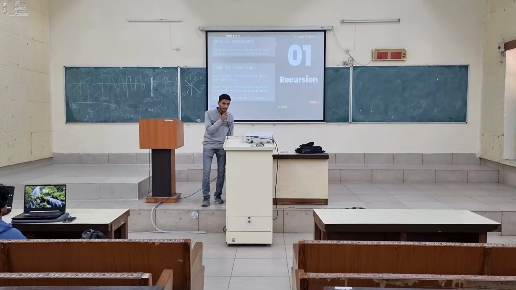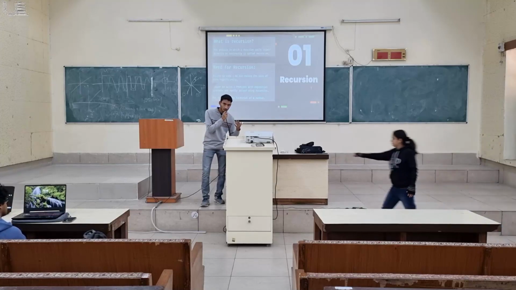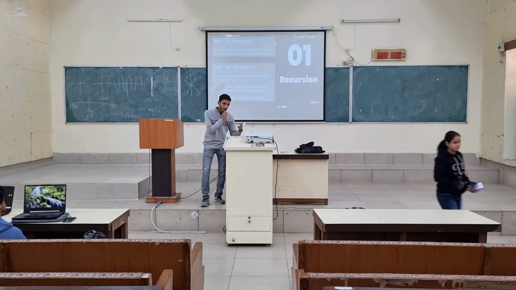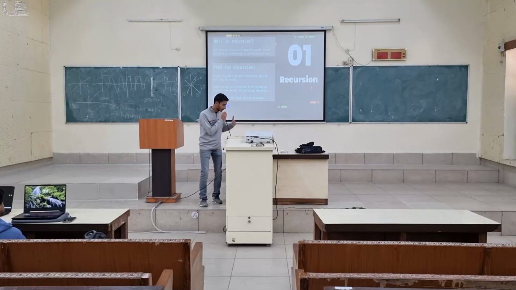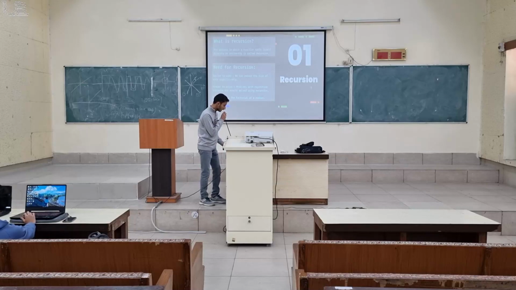Okay, so we need recursion because in many cases recursion makes our code very easy and reduces it to one-line or even two-line code compared to the iterative approach. Sometimes the iterative approach is difficult to write, to code, and even to think of the logic for. In that case, recursion is sometimes very easy to write, easy to code, and easy to debug. So we need recursion.